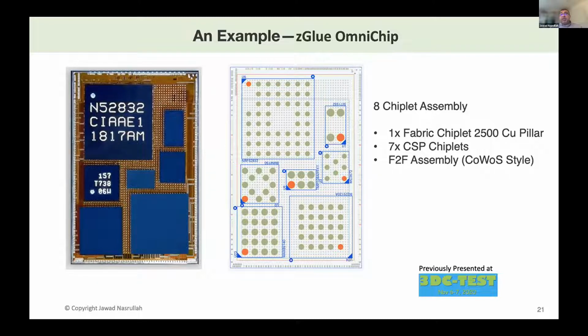Now, this example is simplistic. It's basically a few silicon components on top of an active silicon interposer. And what you will notice is that the active interposer is kind of like a bed of nails, and the incoming parts are kind of overlapping on that bed of nails.